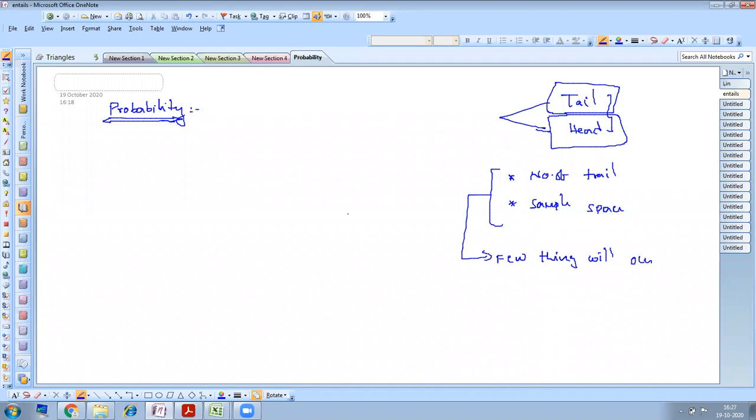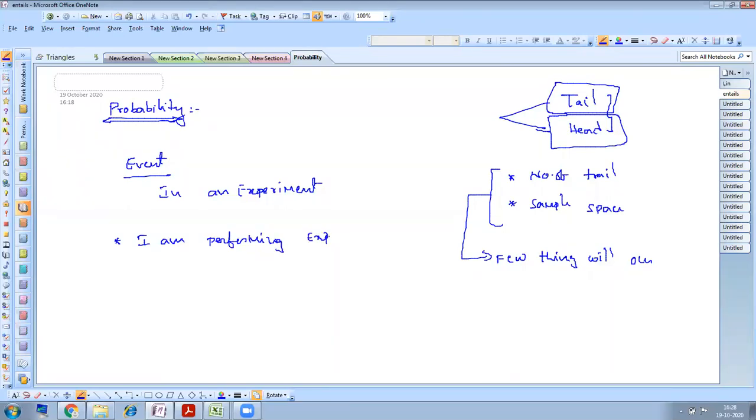So from here, we can say, if I'm expecting one event in an experiment, that means I'm performing an experiment.